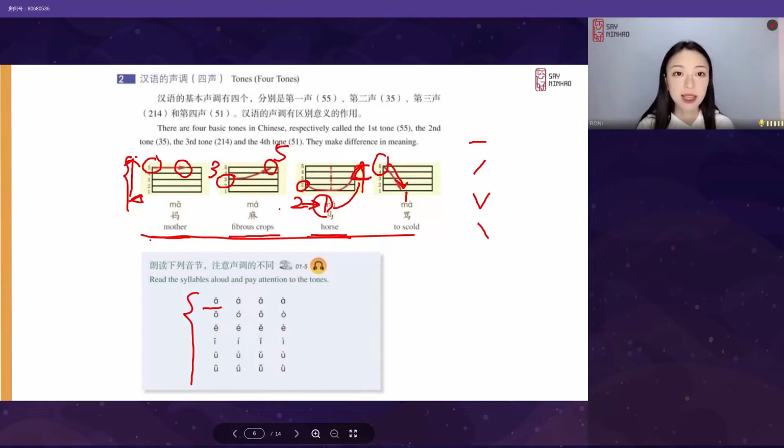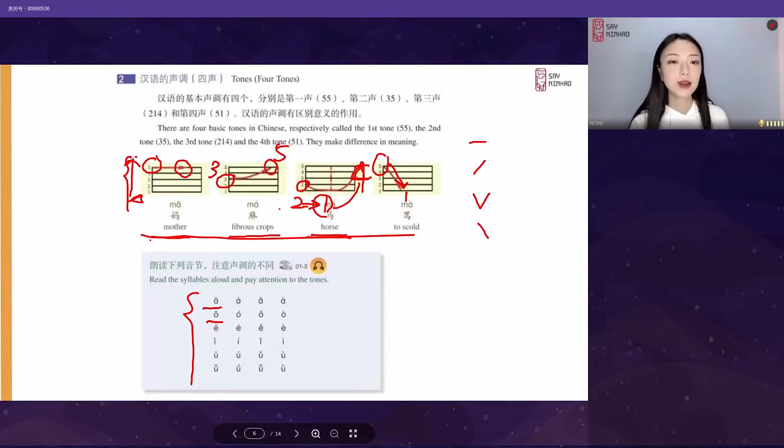Okay, read after me. First one is ah. Next one, second tone is ah. And third tone is ah. And the fourth tone is ah. Okay, next is wo.